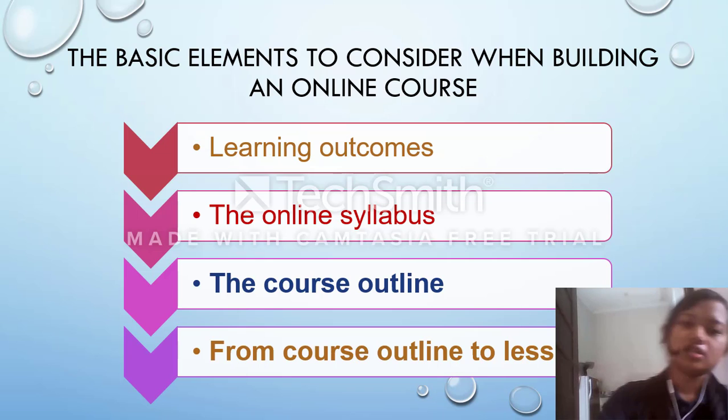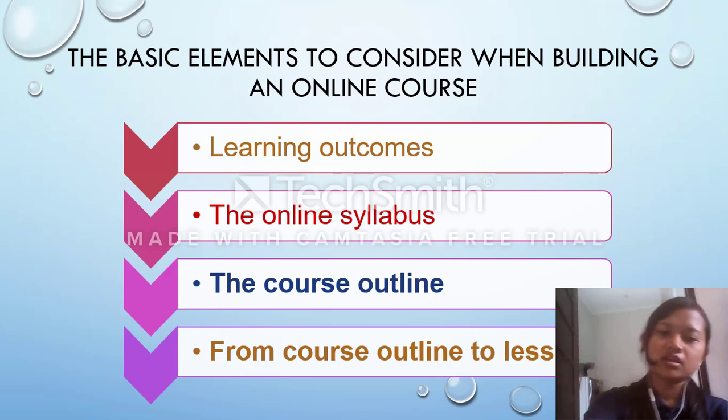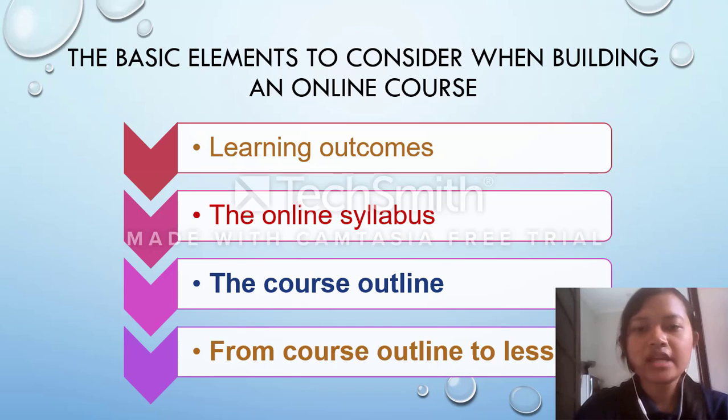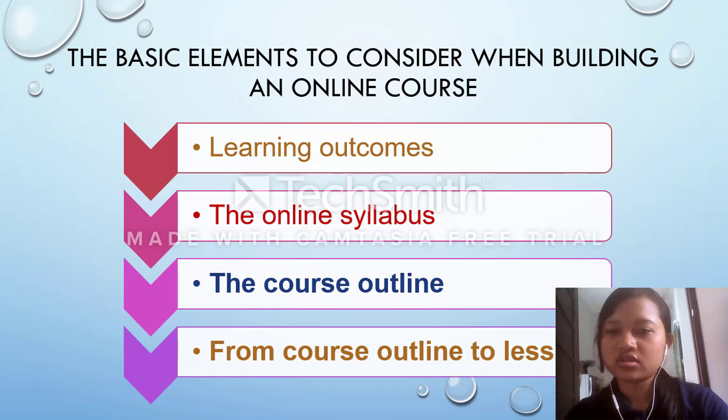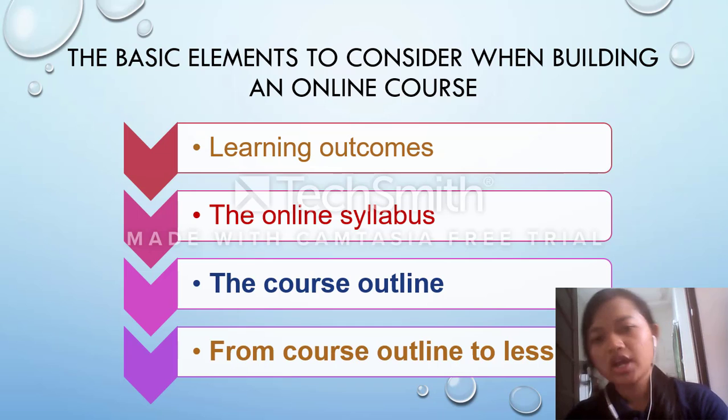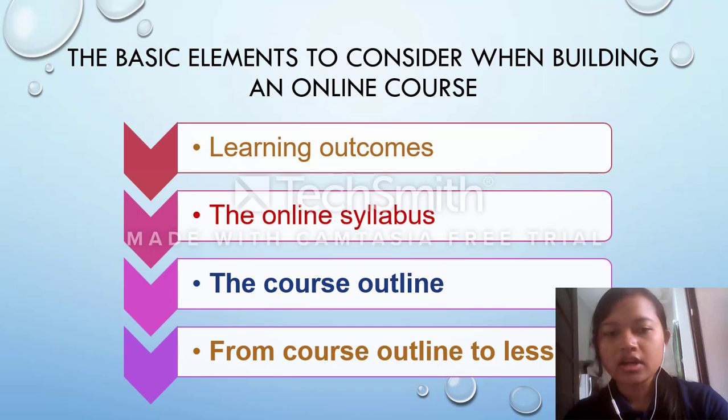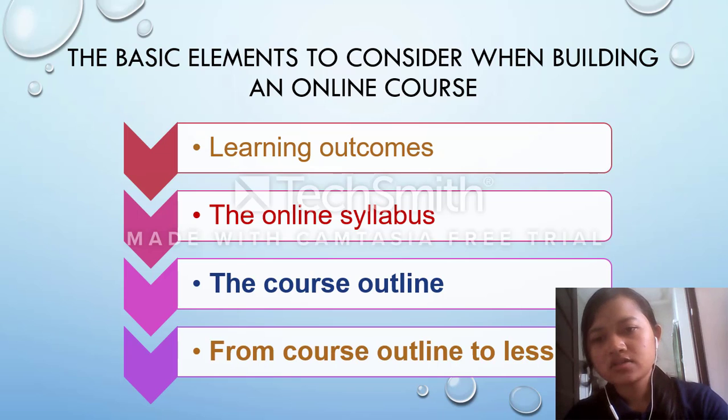And the next is the online syllabus. The online syllabus contains many of the same elements as the on-site syllabus. The basic categories include course title, course name, course description, course objective, evaluation plan, grading, required readings, recommended readings, and course outline.